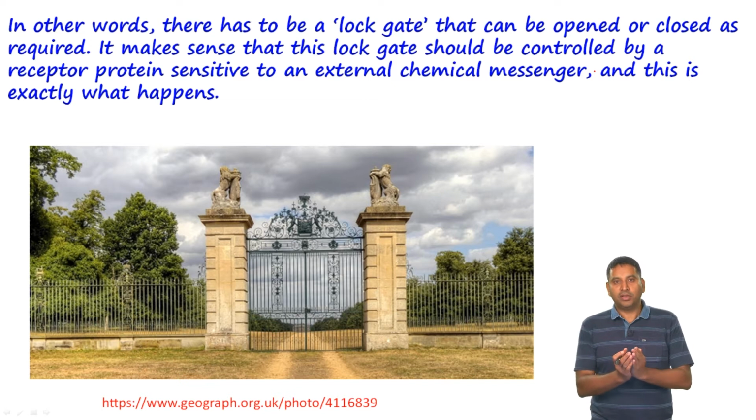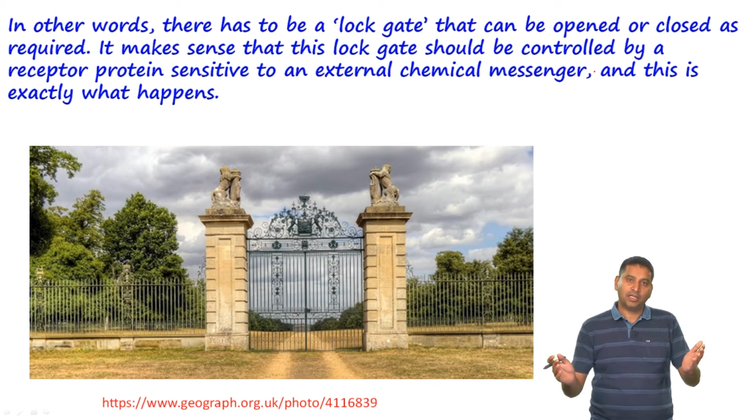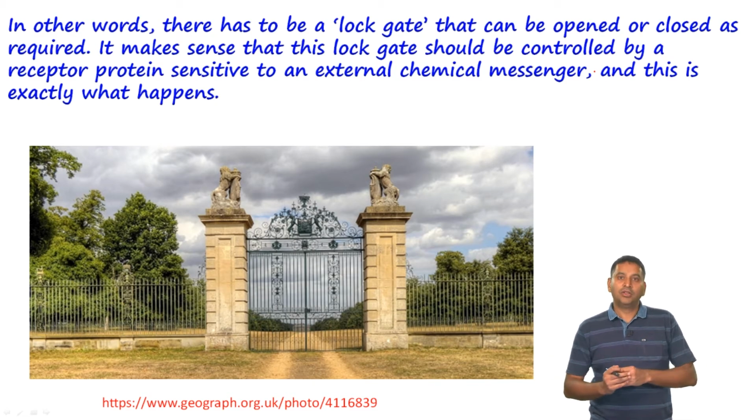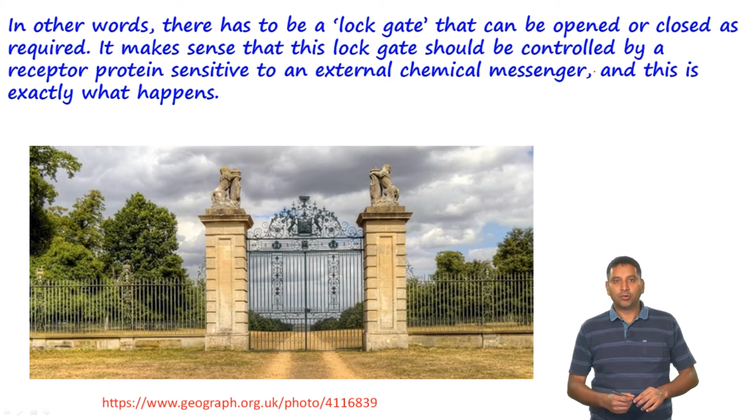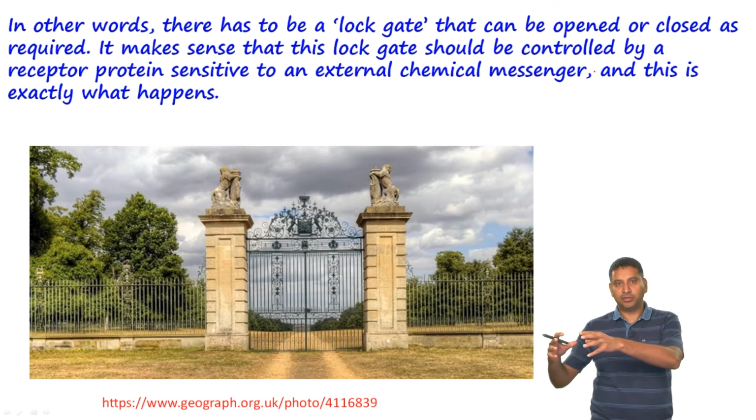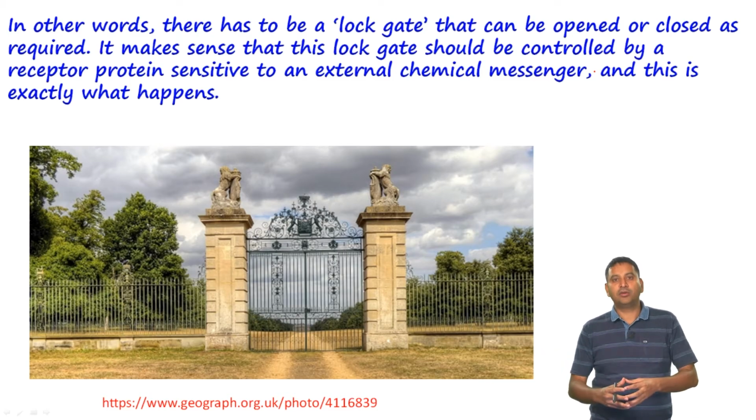Once adequate permission is obtained, the gate opens and you can enter, and the gate closes. This kind of analogy is what we would use to understand how these ion channels are regulated. Once the external chemical messenger transmits the signal, this is exactly what happens in an ion channel receptor system.